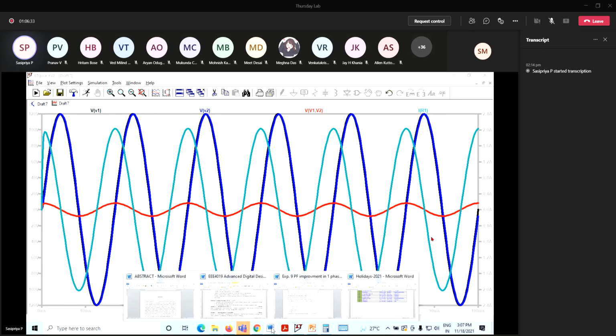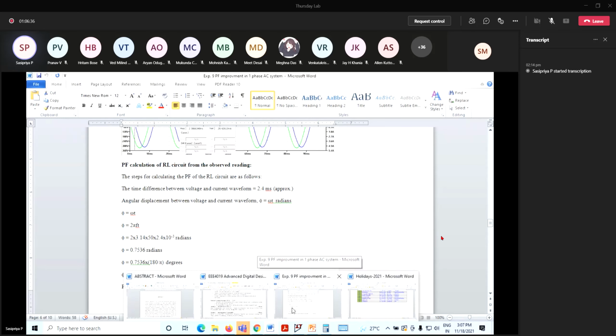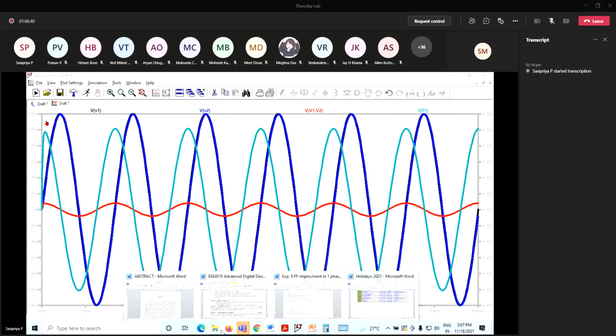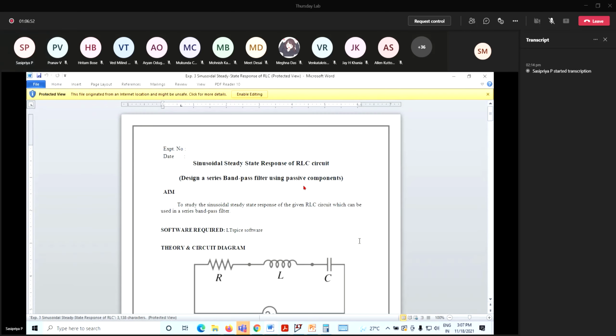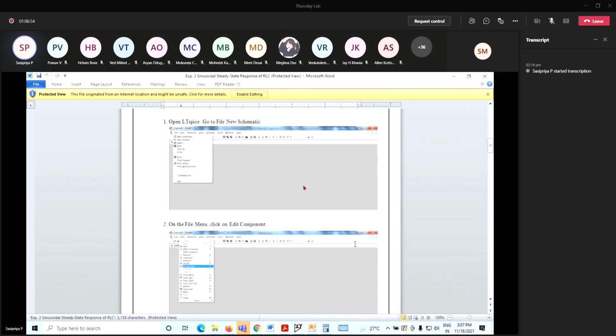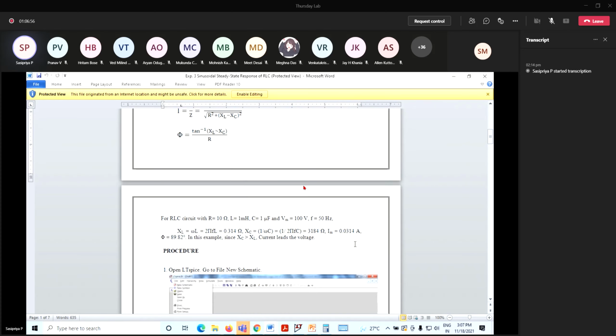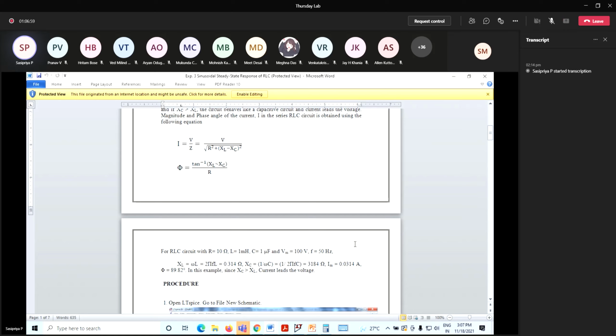Finally, all of you just draw it. I will ask you the values. Note down the values and simulate it. I'll check randomly for someone.